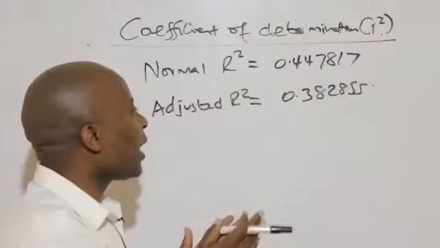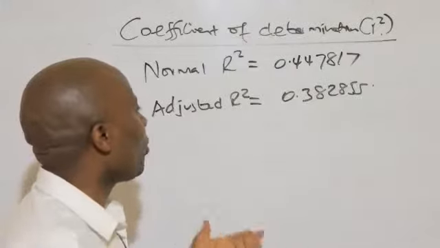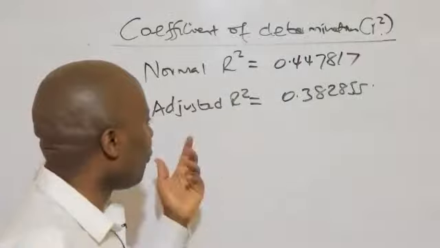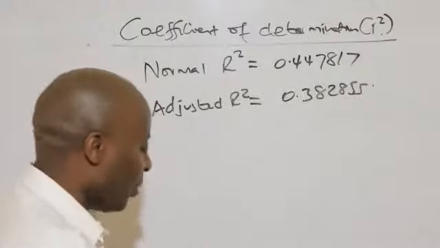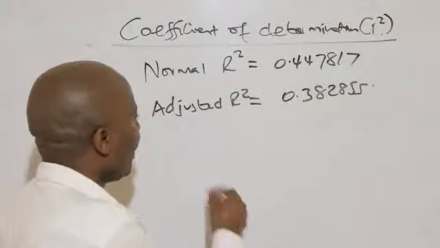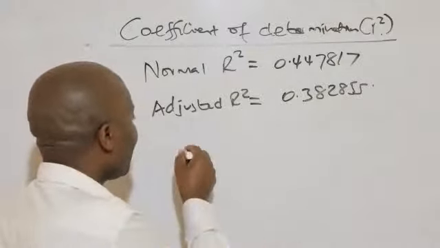Now, luckily, you guys are not required to even memorize the formula for getting adjusted R squared. However, just out of curiosity, if I wanted to get this adjusted R squared, what should I do?